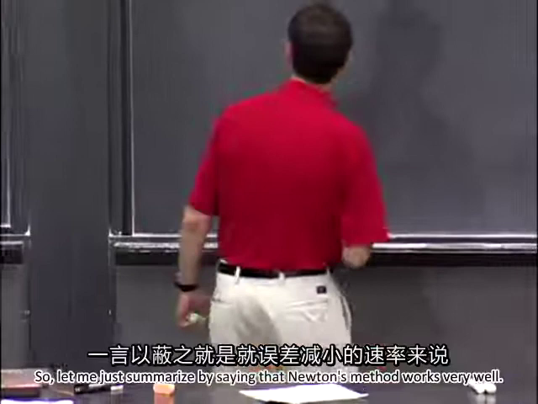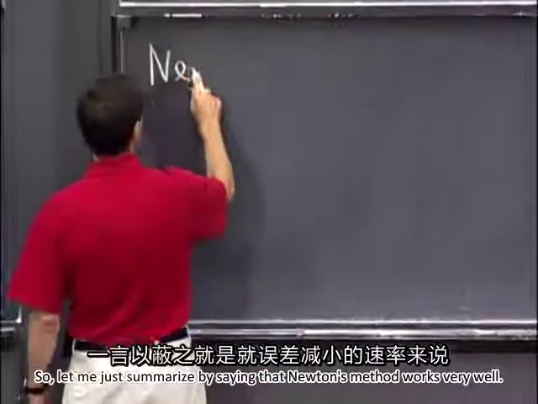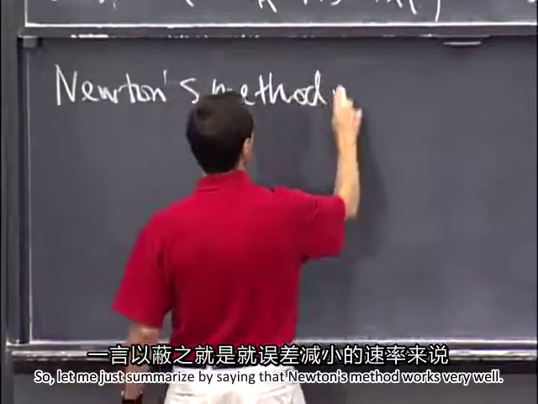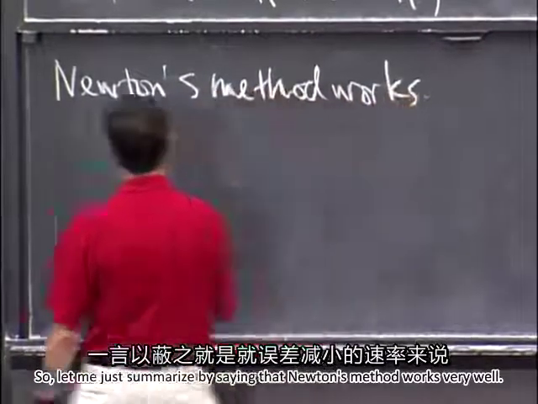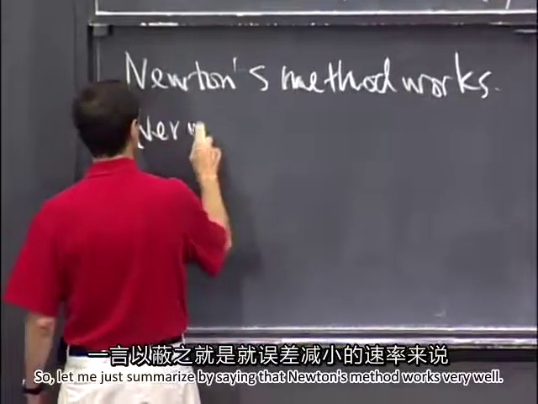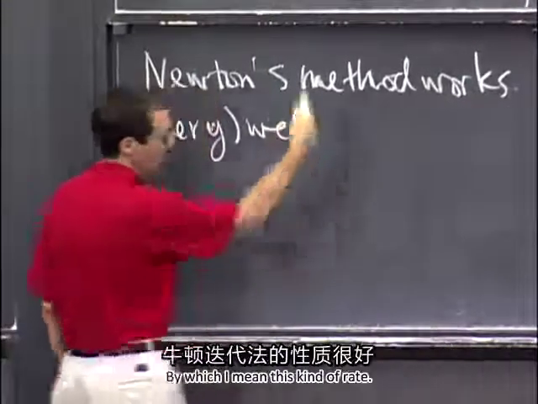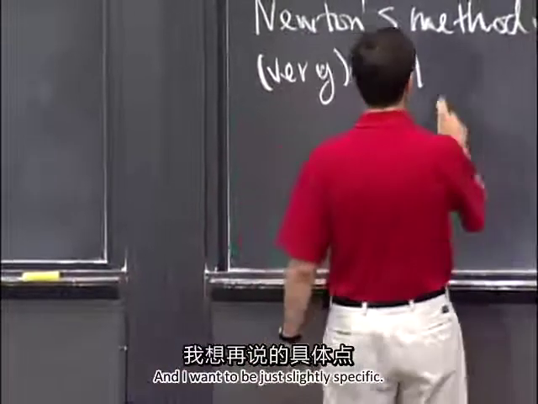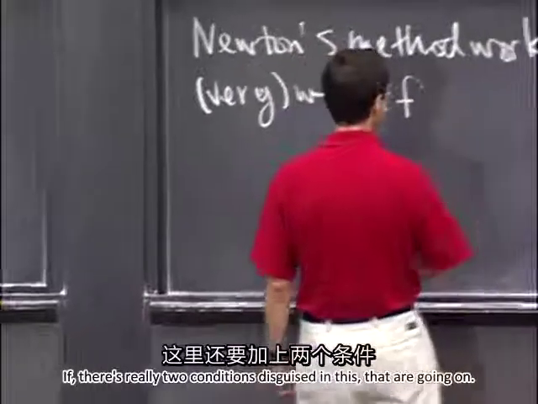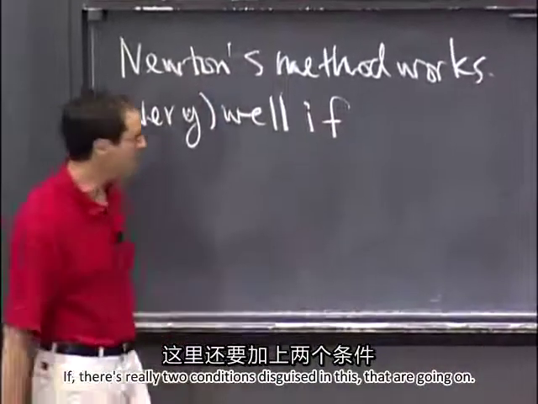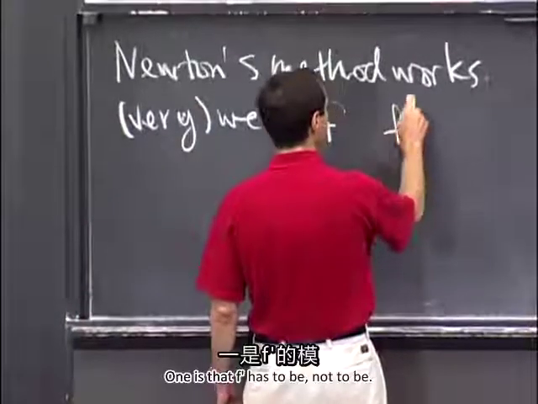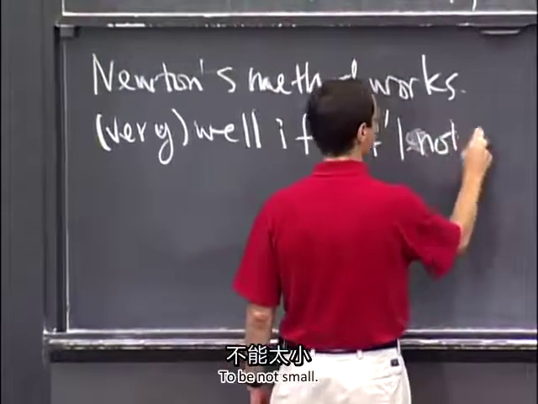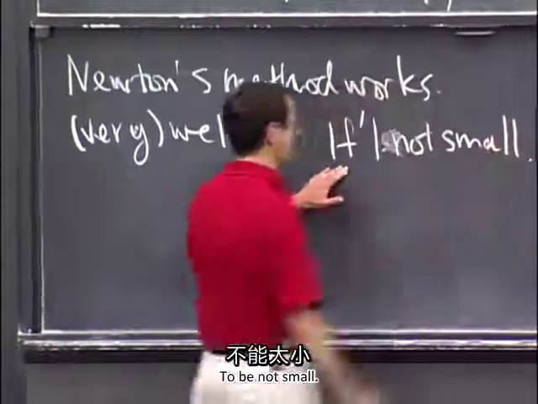So let me just summarize by saying that Newton's method works very well, by which I mean this kind of rate. And I want to be slightly specific. There are really two conditions disguised in this. One is that f prime has to be not small.